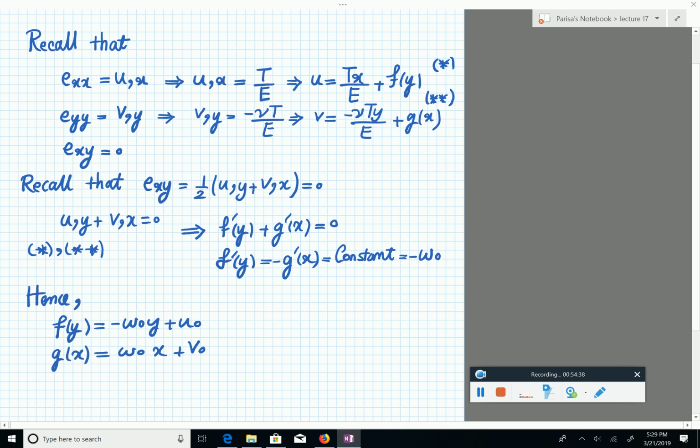Now, for the summation to be equal to 0, or one to be the negative of the other, the only possible way is that they are constant. Does it make sense? So one should be, I don't know, c, the other would be negative c. Nothing else would work.